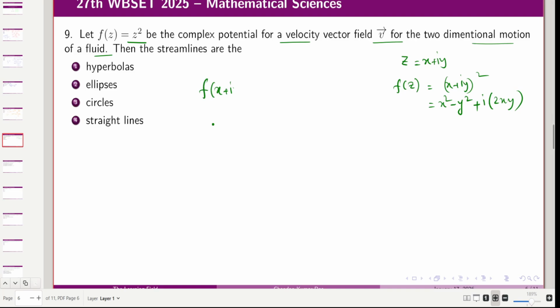Now f of x plus iy equals, in the standard format, phi(x,y) plus i psi(x,y). This phi is called the velocity potential, and this psi is called the stream function.